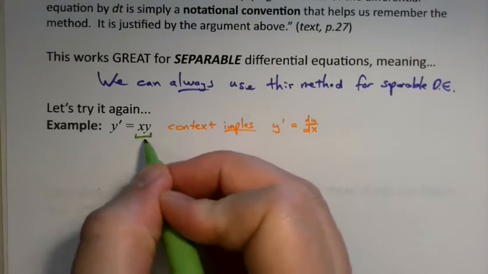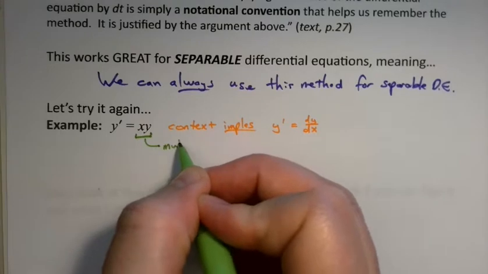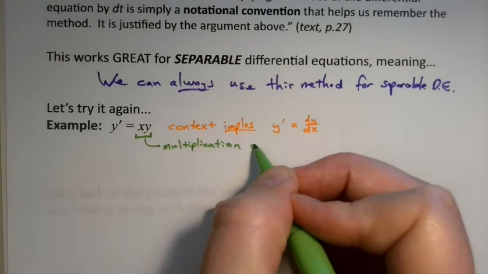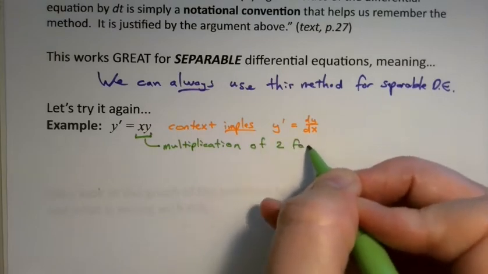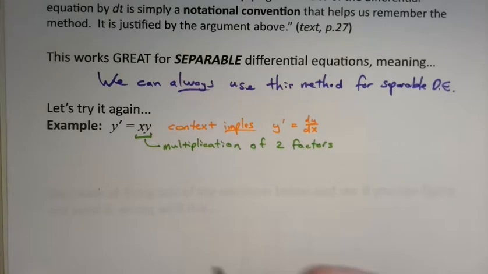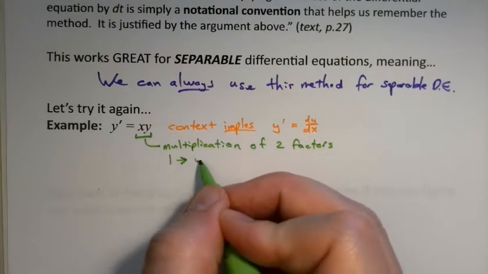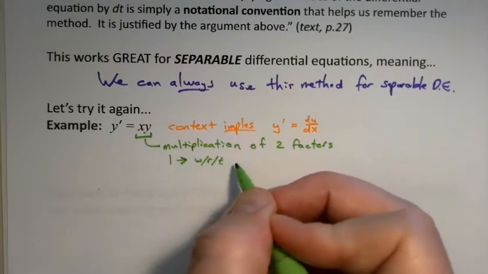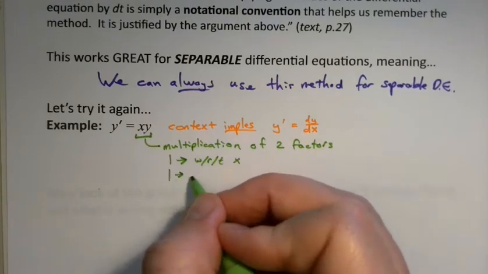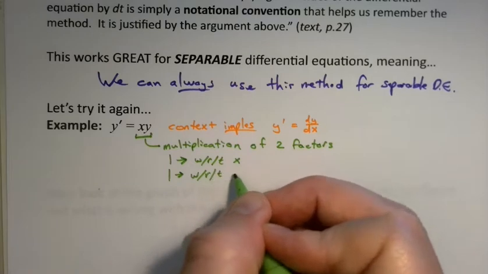So notice it's y prime equals x times y, and notice that from before we see right here this is the multiplication of two factors, and there's only one term on this side. And one of them is in terms of x, and then one is in terms of y.